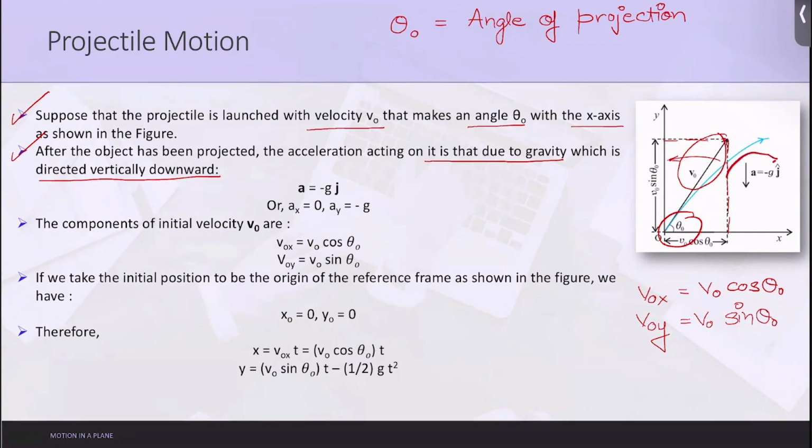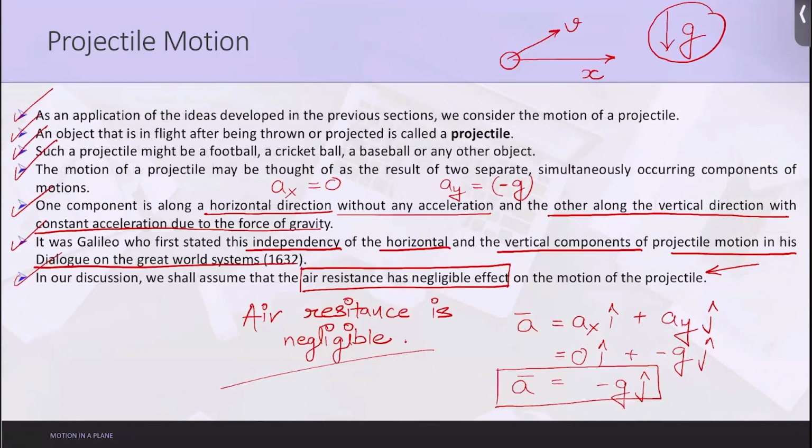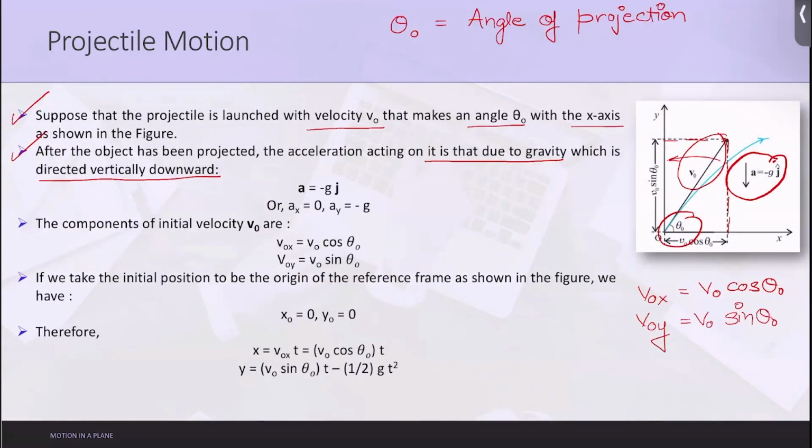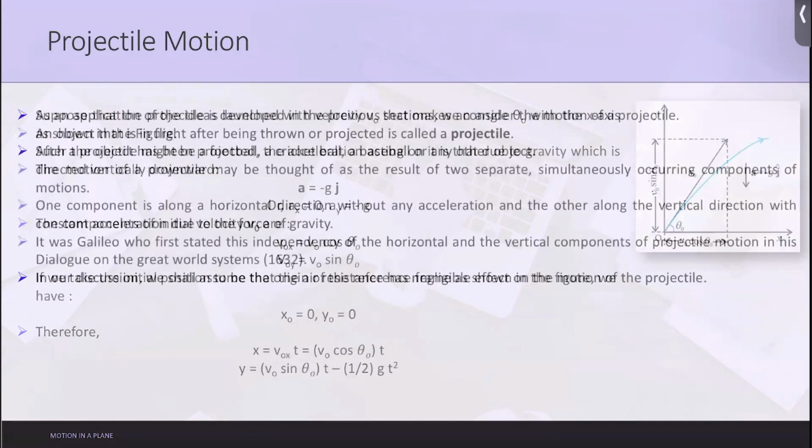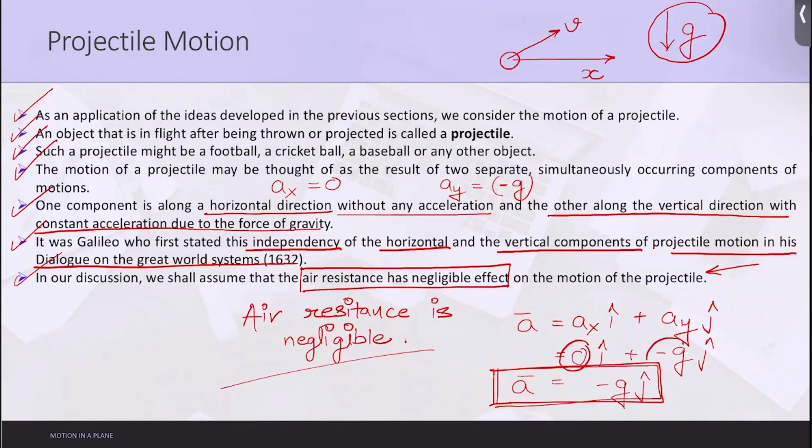Therefore, we will write a is equal to minus g j. I think I derived it here also. What is the acceleration value? It is minus g j. So we got the acceleration is equal to minus g j cap, where ax is 0 and ay is minus g. That is also what we derived here.